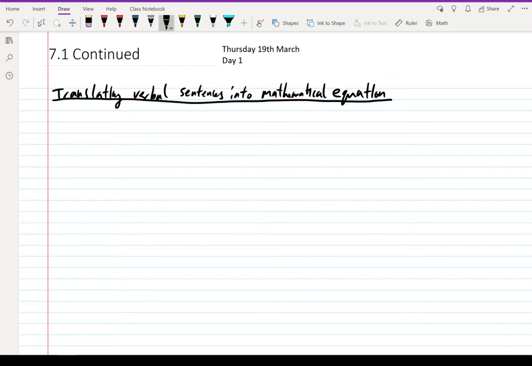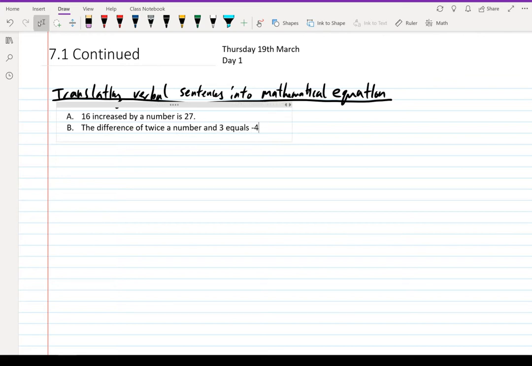I'm going to type them out over here, and then I'm going to show you what the equations will be. So for example, A: 16 increased by a number is 27. B: the difference of twice a number and 3 equals -4.